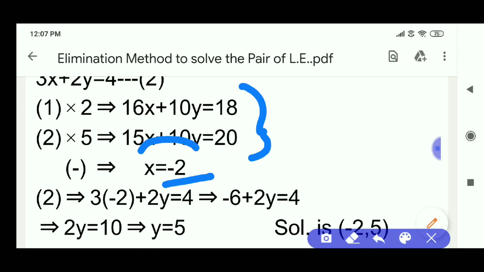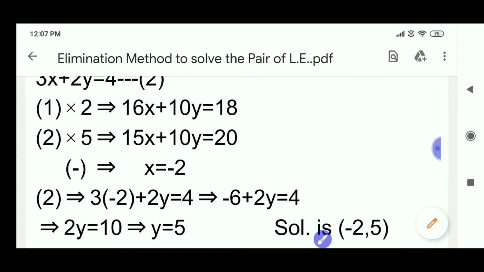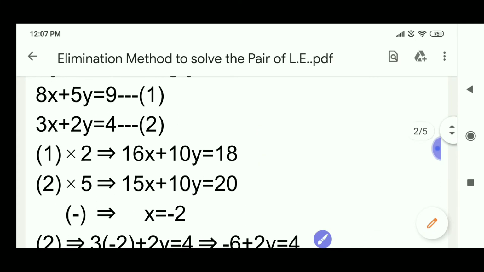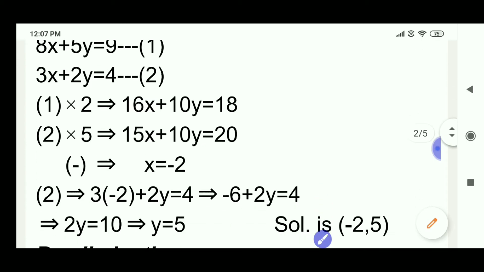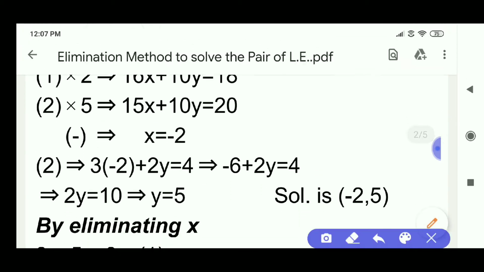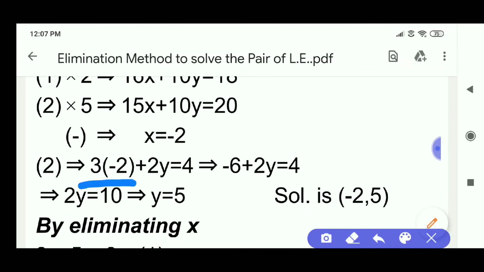Now we substitute the x value in the second equation. What is the second equation? 3x + 2y = 4. So in place of x we write -2. So it becomes 3 × (-2) + 2y = 4.